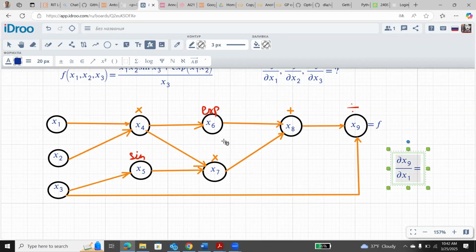So x9 depends on two inputs, x8 and x3, and we know the operation, which is division. So using the chain rule, we should write this.